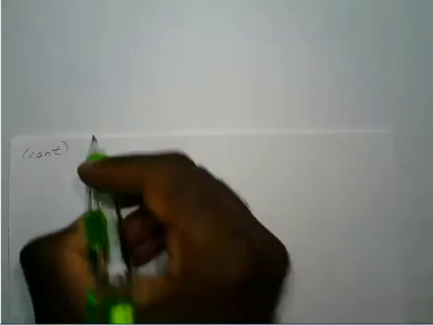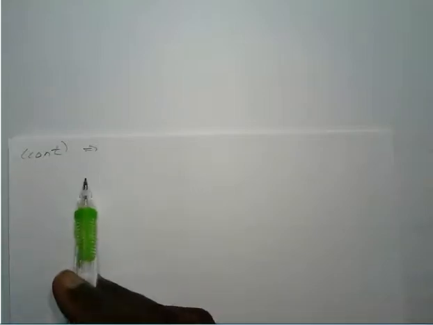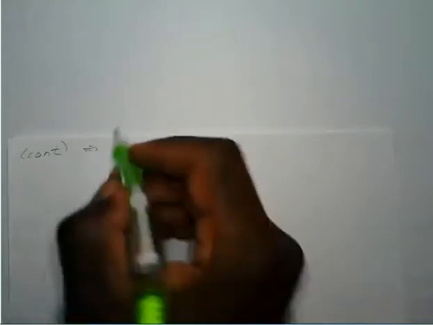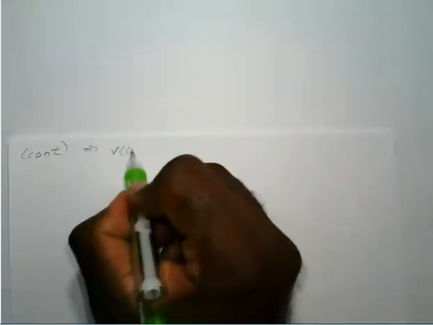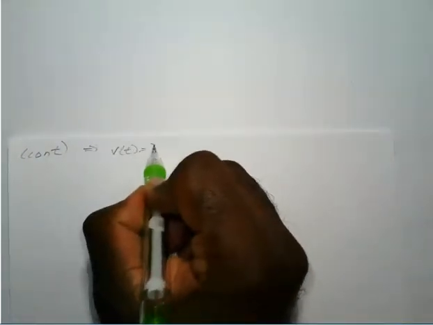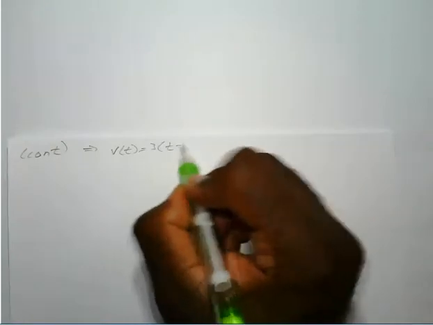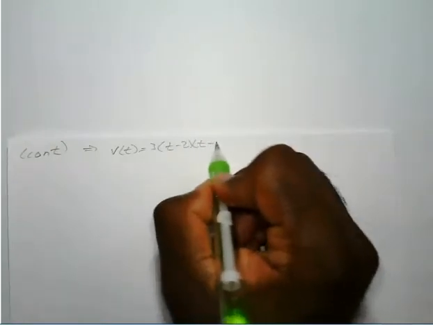Alright, so I'm just going to write down our velocity function. Instead of 3t squared minus 18t plus 24, I'm going to factor out the 3. So our velocity function is 3 times (t minus 2) times (t minus 4).